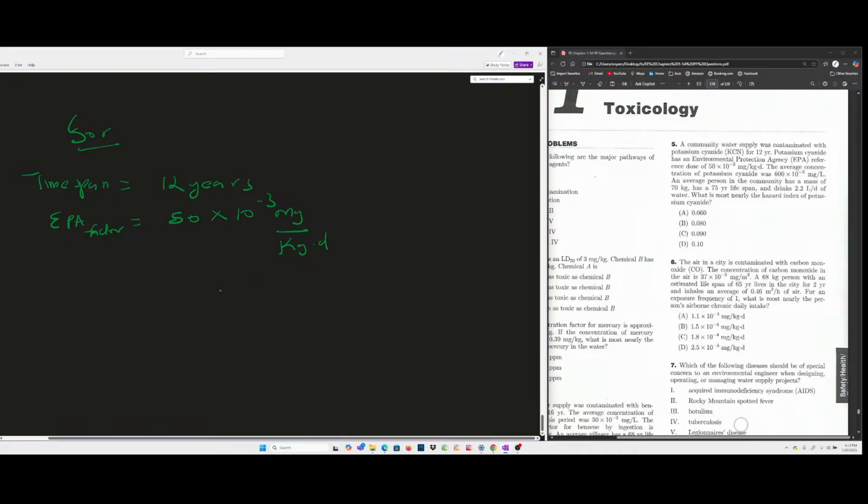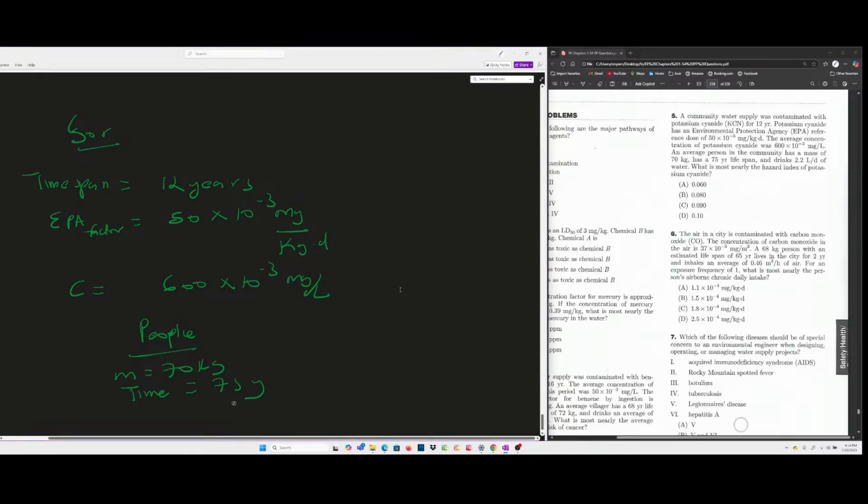They say the concentration of potassium cyanide is 600 times 10 raised to the power negative 3 milligrams per liter. And now we're going to deal with the people, the people or villagers in the community. They say the people have a mass of 70 kg and a lifespan of 75 years.